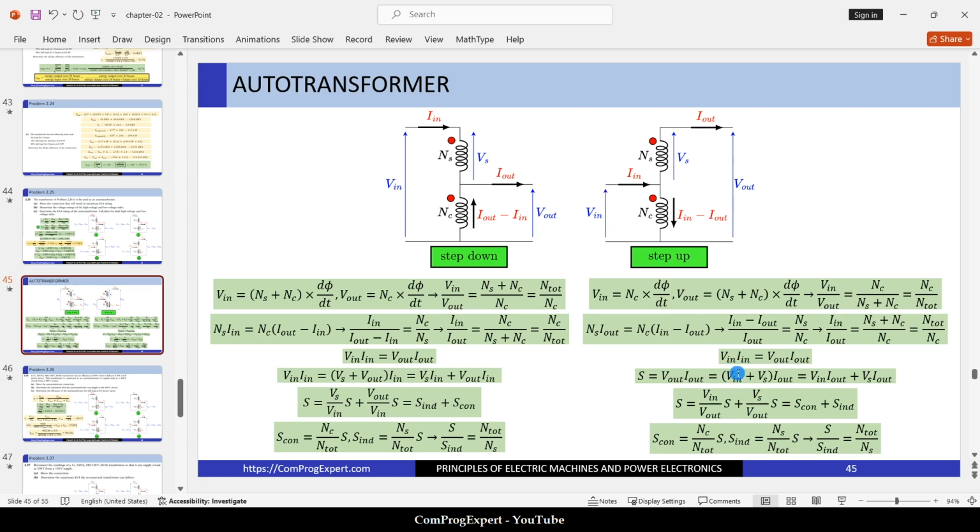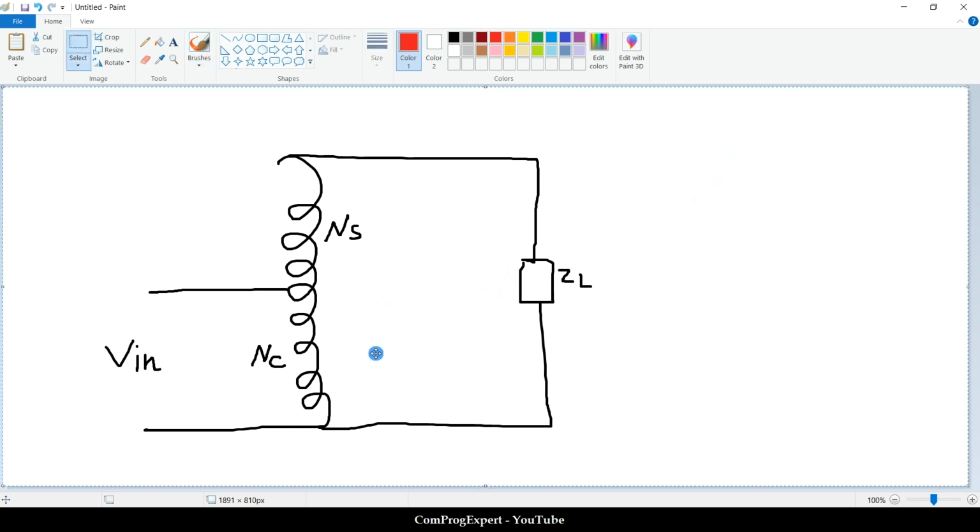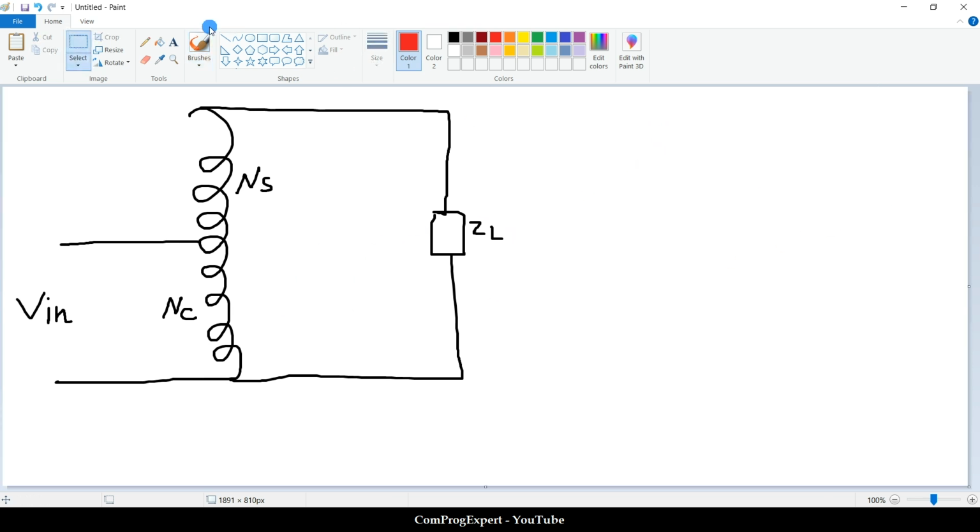So S is V in I out plus Vs, this voltage, times I out.